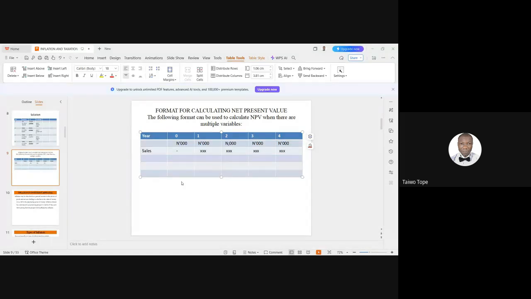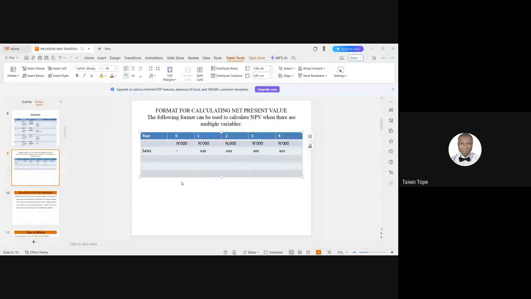What will you say? Relevant. It is relevant because you have to sacrifice this to make sure you achieve this. It is based on the decision that you have to make, and that is why this cost is coming in. So opportunity cost is a relevant cash flow and should be considered.